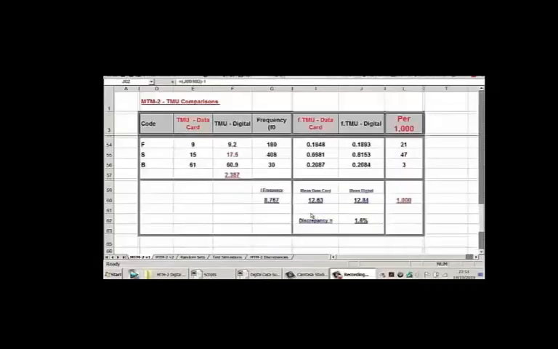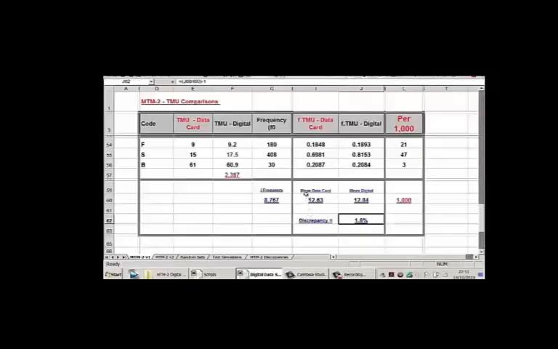Going to the bottom of this sheet, we can see set out in the blue text here the average weighted values for both the data card and the digital TMU values.